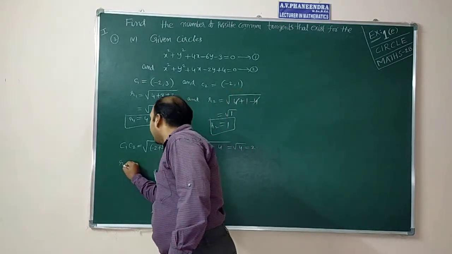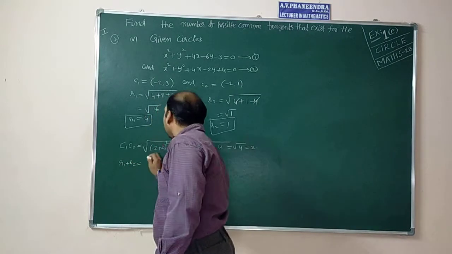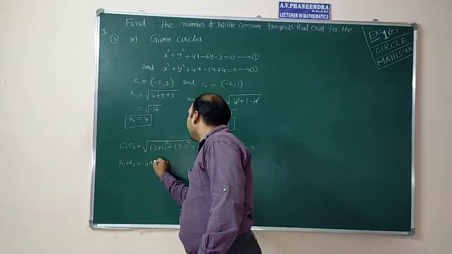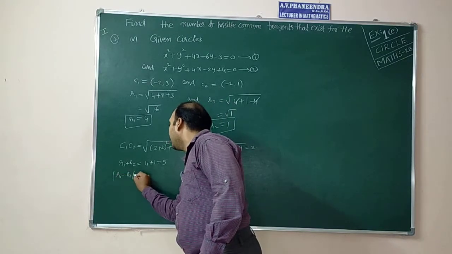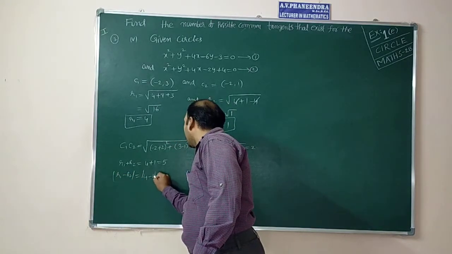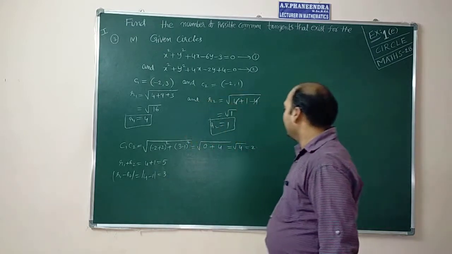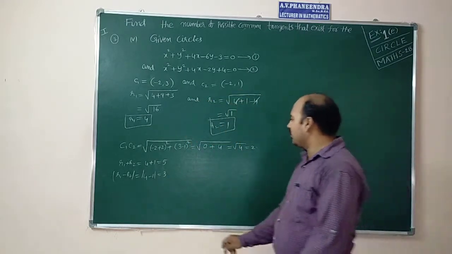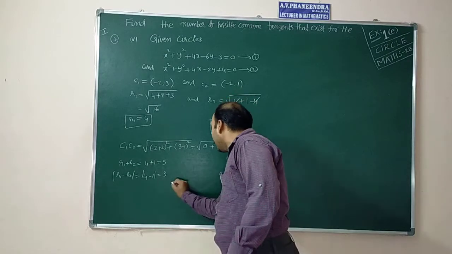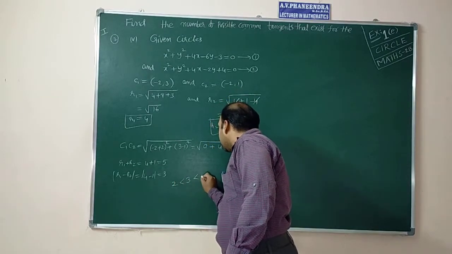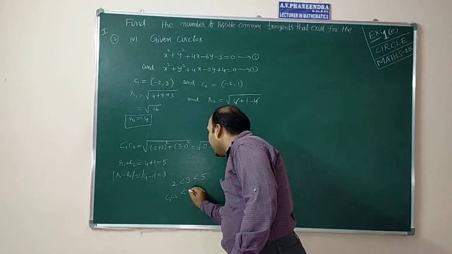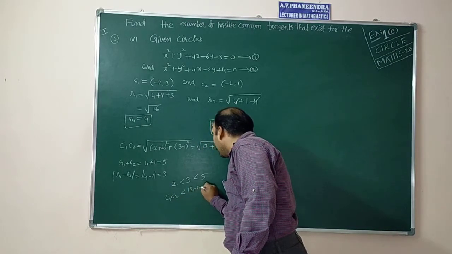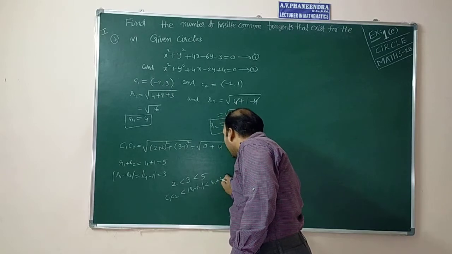The sum of the radii R1 plus R2 equals 4 plus 1, which is 5. Mod R1 minus R2 equals 4 minus 1, which is 3. From this we can write 2 is less than 3 is less than 5. 2 means C1C2 is less than 3, meaning mod R1 minus R2, is less than R1 plus R2.